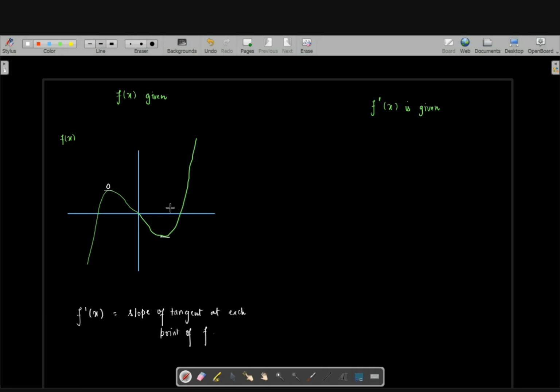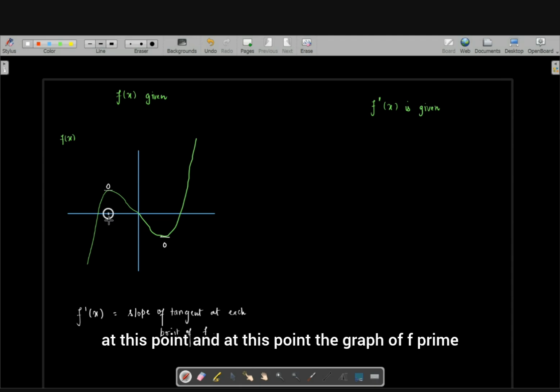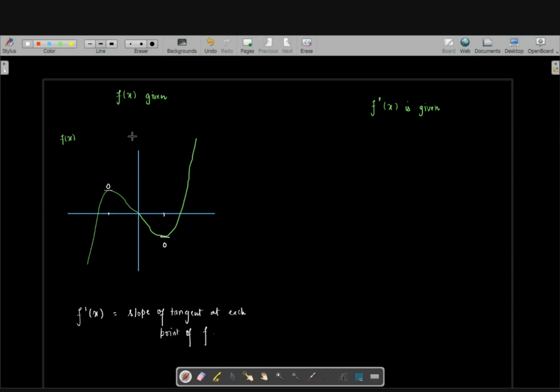This is the point of minima, and that's why the slope of the tangent line will be 0. So at this point and at this point, the graph of f prime will touch the x-axis, because f prime will be 0 at these 2 points.